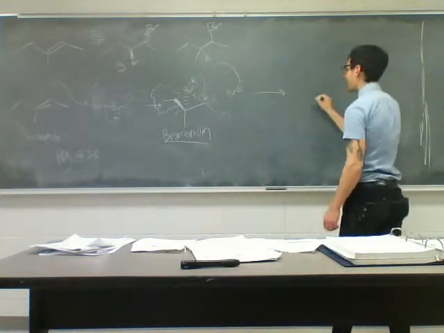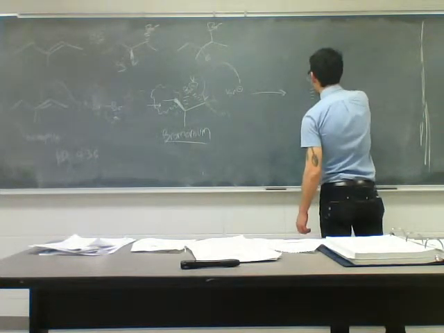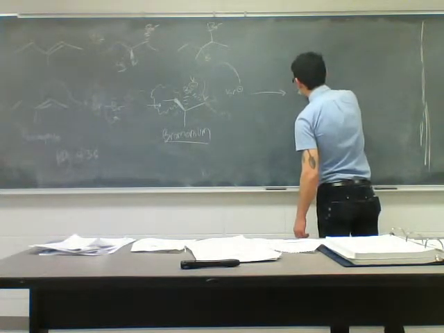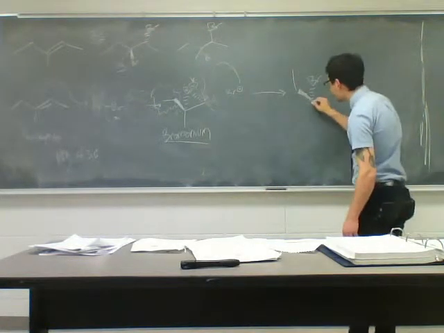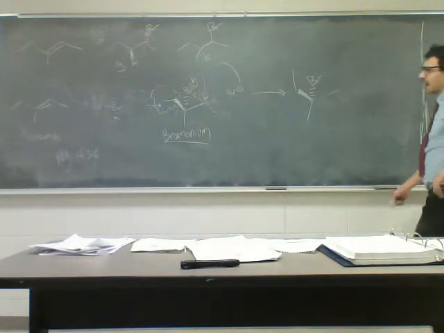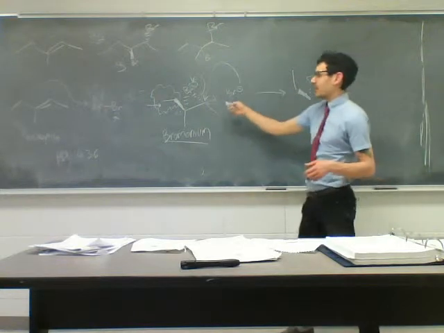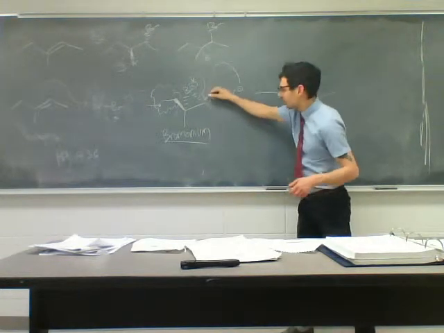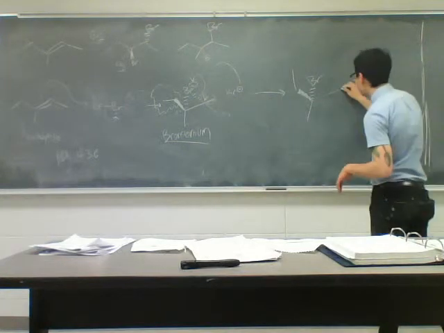So we end up with this structure. We still have a Br here, this on the wedge, methyl group down. And on this carbon, our bromine that came in is now going to be on the top of the molecule because it came in up top and dodged around that hydrogen.